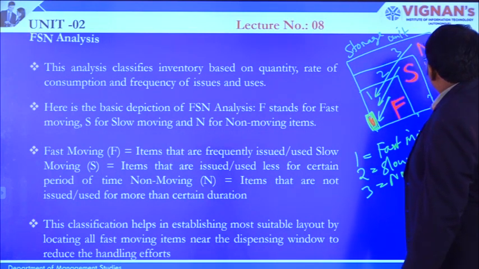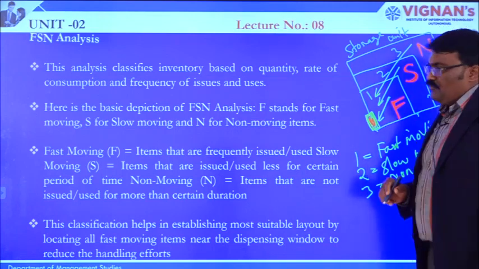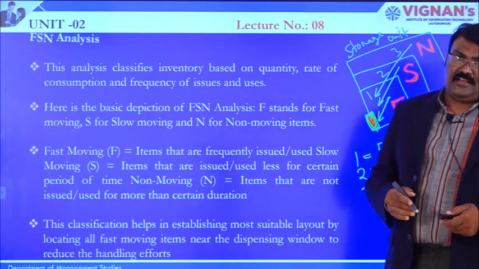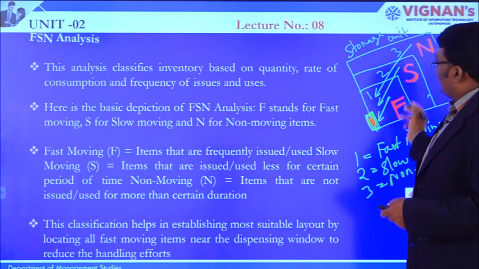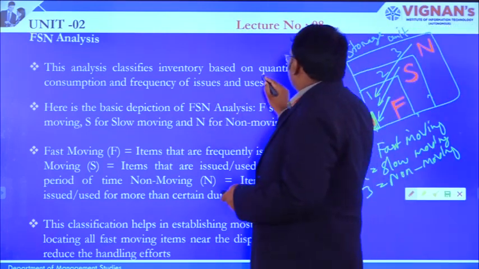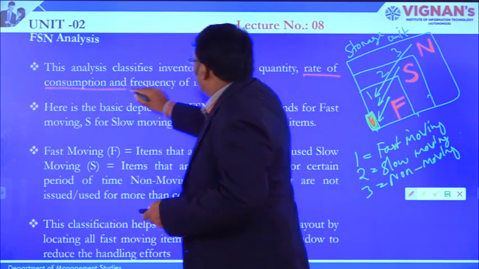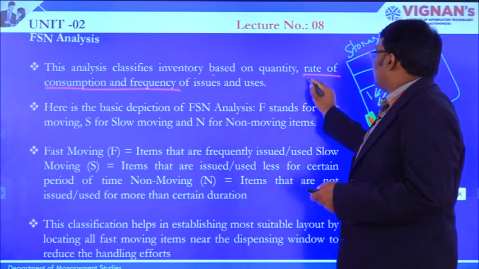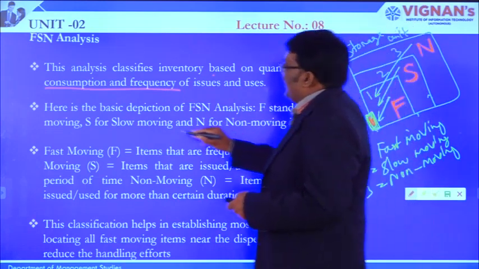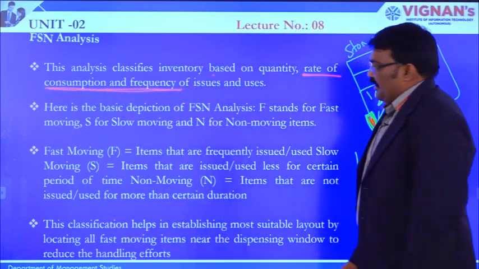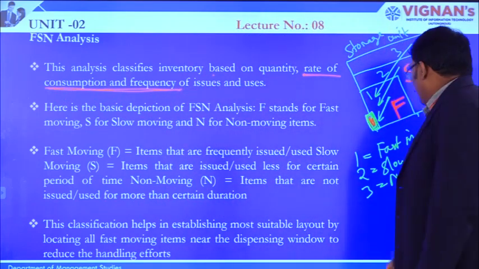So, you can understand, the non moving will be placed at a far distance in the location. How is it classified? This is classified based upon the rate of consumption and frequency, right.